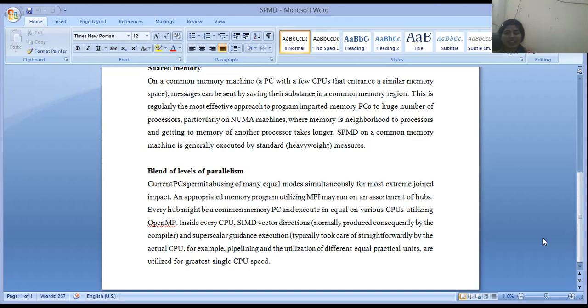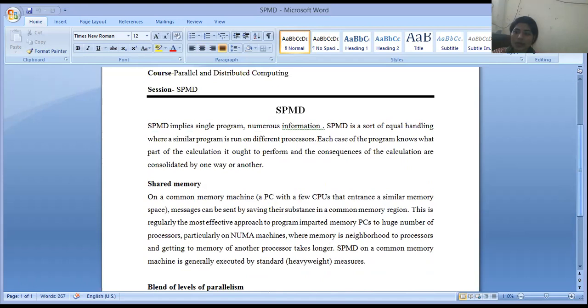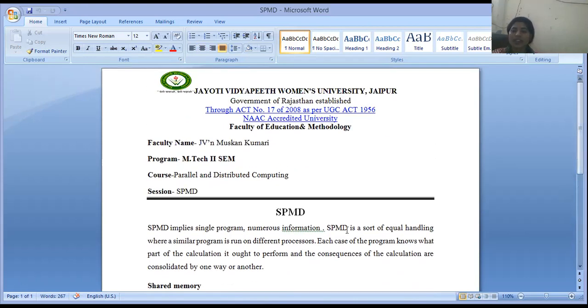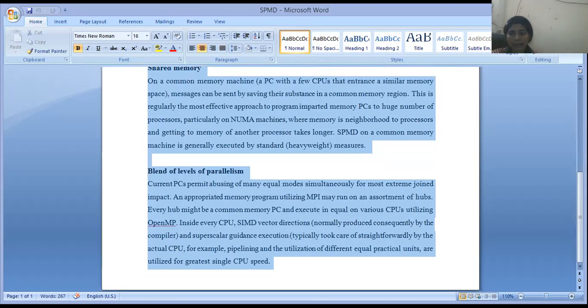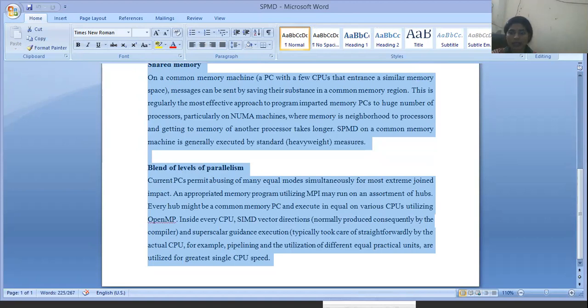So these are the basic things which I have discussed with you; basically the important sessions are SIMD and MIMD, synchronous vector and array. SPMD is also in your course, so I have discussed this one. But you have to read those things very clearly from different books and different sites.